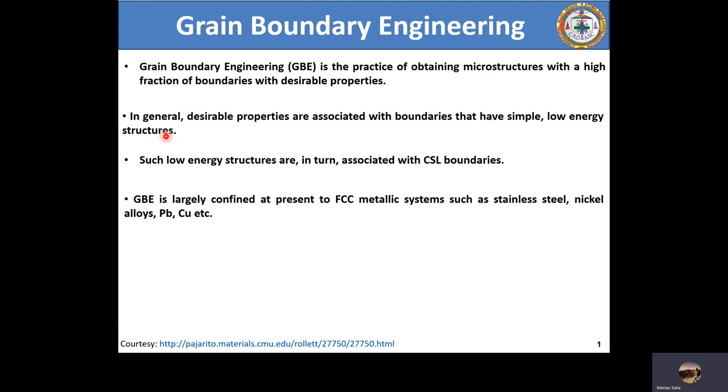There is a high chance of formation of stacking faults and a high chance of resultant twinning along those planes. So this is one of the reasons.